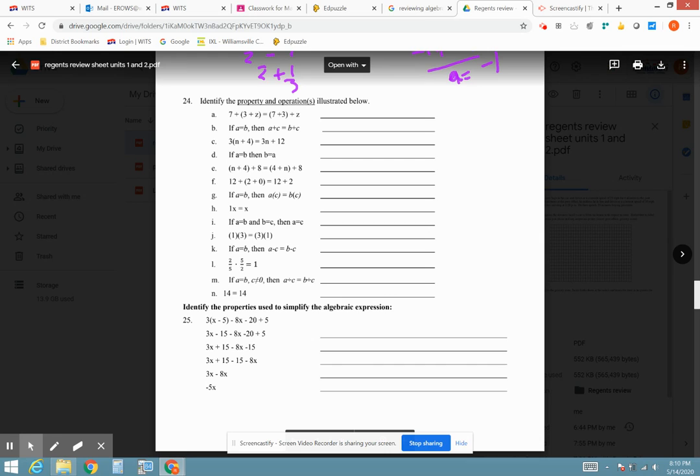You just have to have those memorized. Let's check out a couple of them. This is associative for addition. I remember what that one is. Equal. That's the addition property of equality.